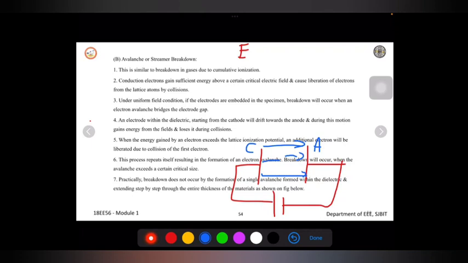This can be explained very easily from the figure, where a point to plane electrode has been considered. Here I was talking about a uniform field; they have considered a point and a plane electrode. What happens within the non-uniform field, and how the channel and the avalanche will be created, has been explained with respect to this diagram.